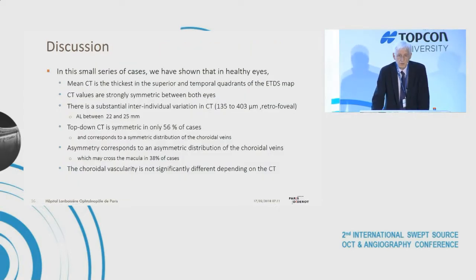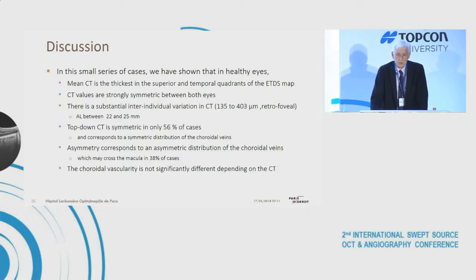So in this small series of cases, we have shown that in healthy eyes, mean choroidal thickness is the thickest in the superior and temporal quadrants of the ETDRS map. Choroidal thickness values are strongly symmetric between both eyes. There is a substantial inter-individual variation in choroidal thickness, in cases with axial lengths ranging between 22 and 25 millimeter.